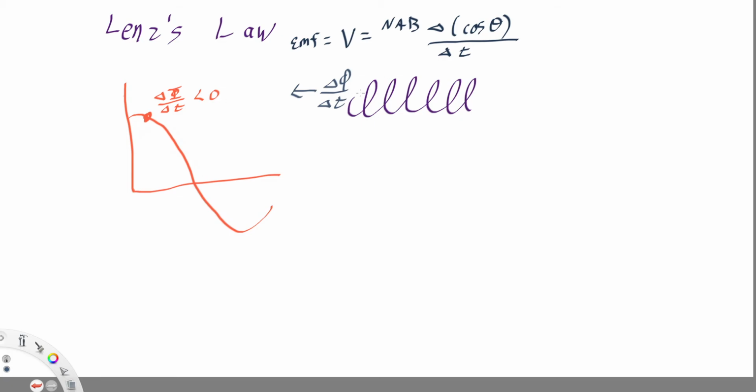Which means that tells us what direction our current is going to be pointing.